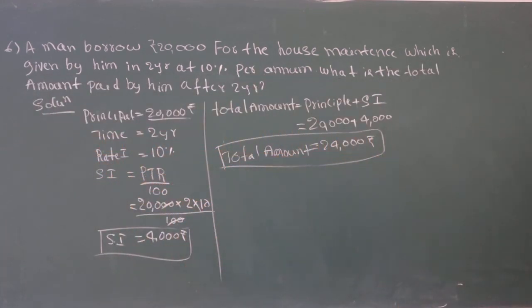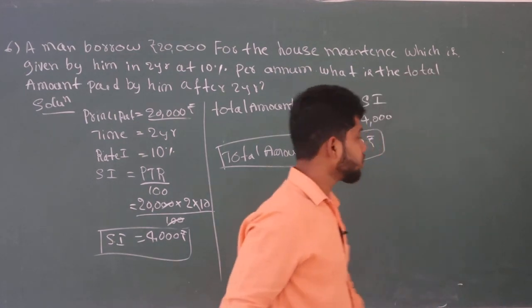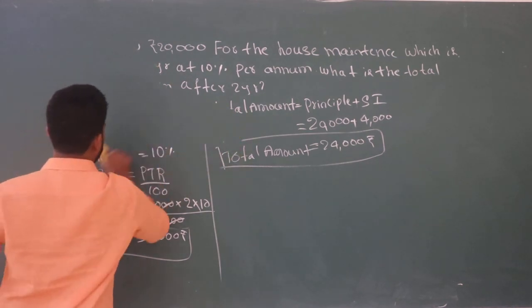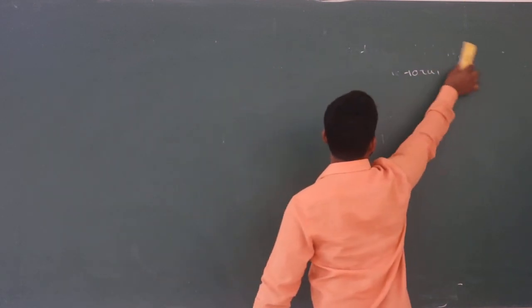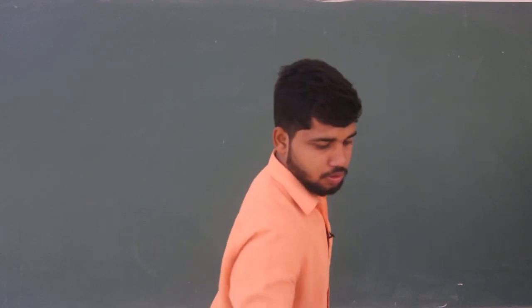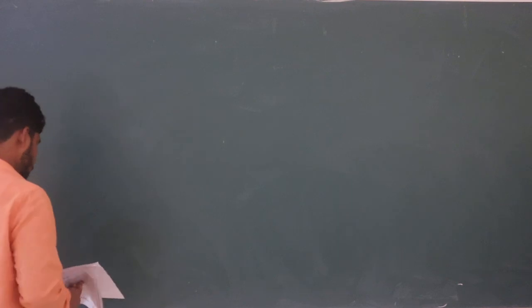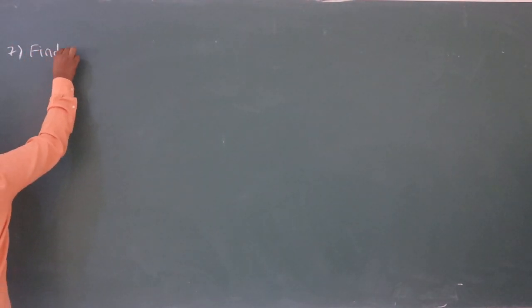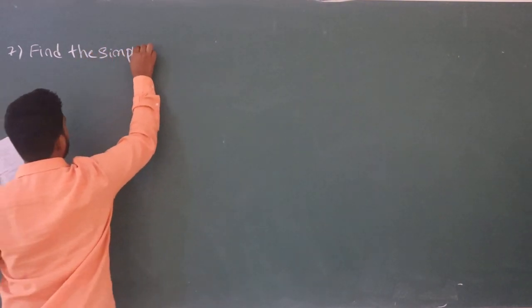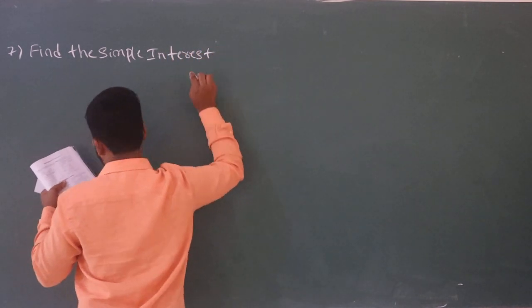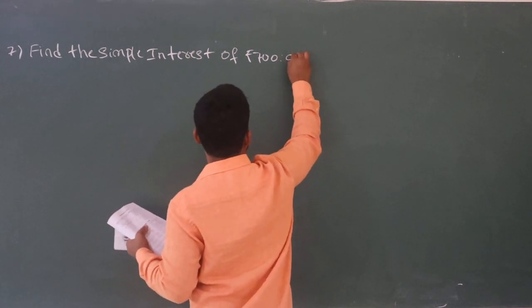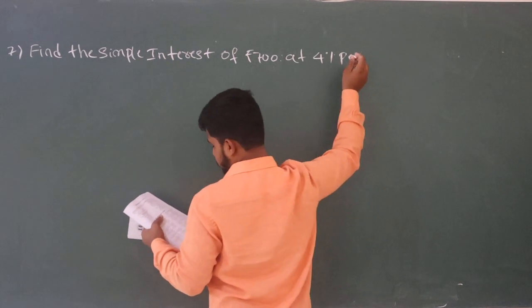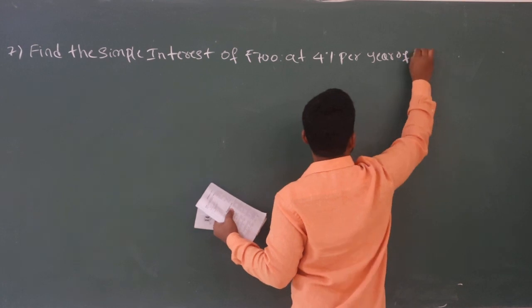Now look at the seventh problem. Find the simple interest of rupees 700 at 4% per year for 3 years.